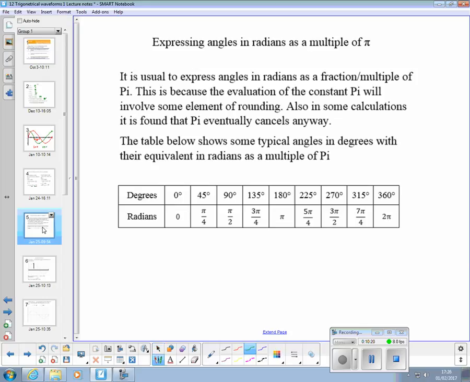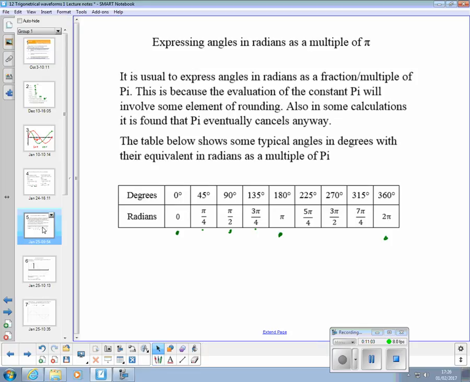If 0 degrees is 0 radians, 360 is 2 pi, 180 must be pi radians, half of that must be pi over 2, and halfway between them, 45 degrees, must be pi over 4, 3 pi over 4 for halfway between those two, and the same on this side. Those fractional multiples of pi are the easiest way to deal with angles in radians in most cases. And then if you need a number in actual radians, evaluate it right at the end.